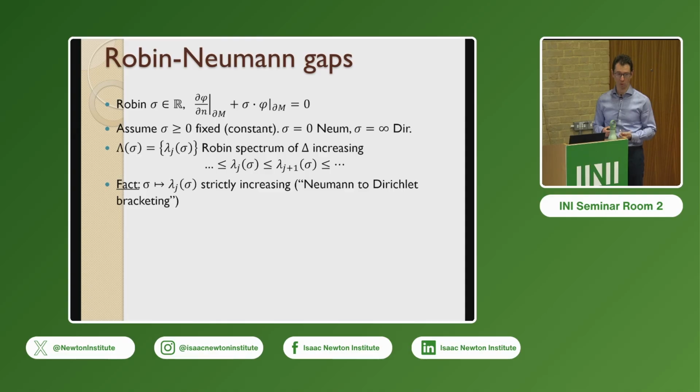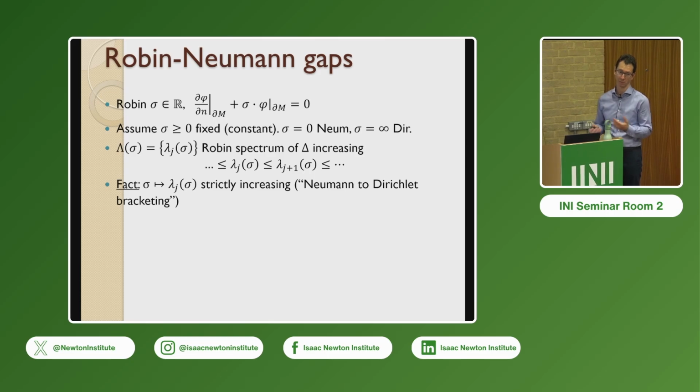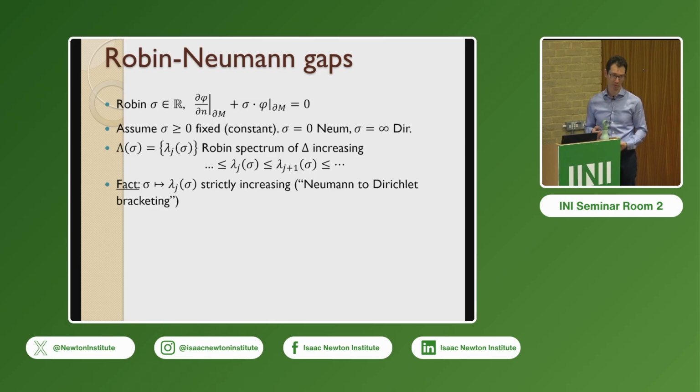It is well known that this is a purely discrete spectrum consisting of eigenvalues. We order the eigenvalues in non-decreasing order. Sometimes there are some spectral degeneracies, but generically there are not going to be any, so this might even be strictly increasing. And the fact is that if we fix any j and look at lambda j of sigma as a function of sigma, then it is strictly increasing as a function of sigma.